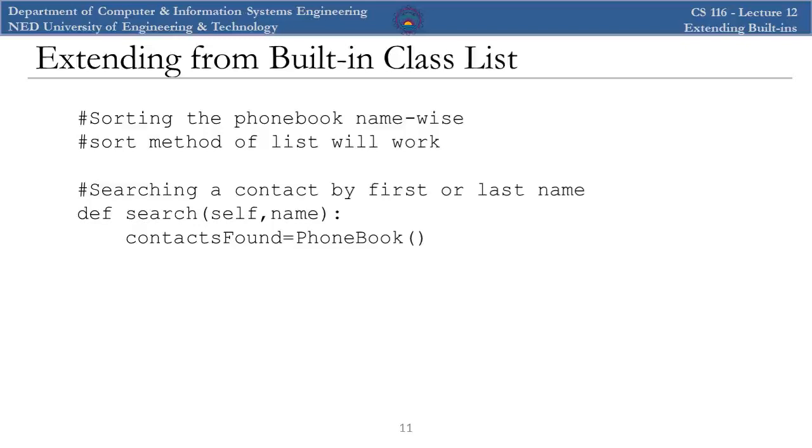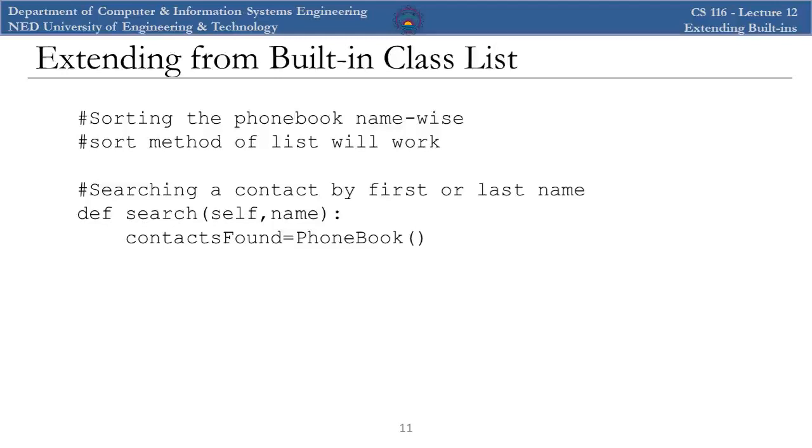In this method, I'm defining a temporary list called contacts found. The purpose of this temporary list is that whatever records I find, I'll just put them in this list, right? Now, I could have initiated it to simple list type, but here I'm instantiating it to phone book type.